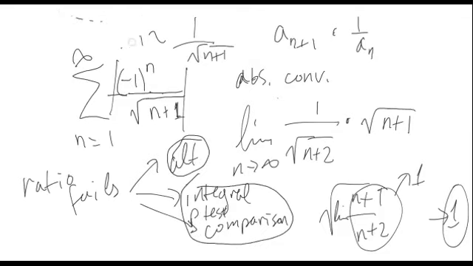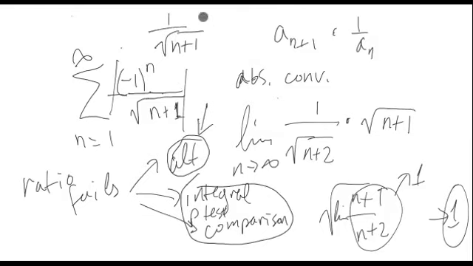However, it is alternating, so we should take advantage of that and see if we can get conditional convergence out of this. We know we won't have absolute convergence by that comparison, but we still could get conditional convergence. So we know it's alternating. Then to test for convergence, we just need to know that the absolute values of the terms are decreasing.